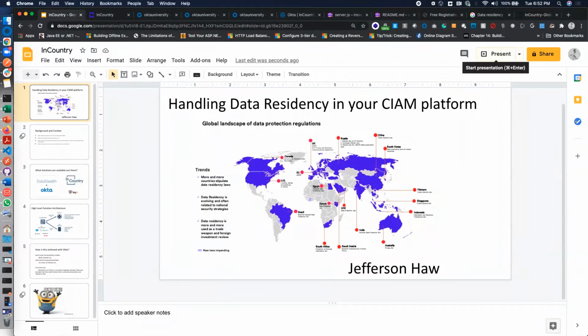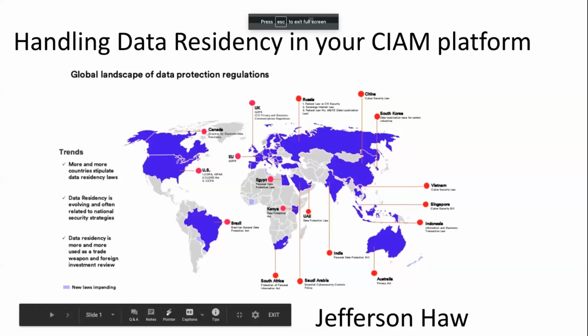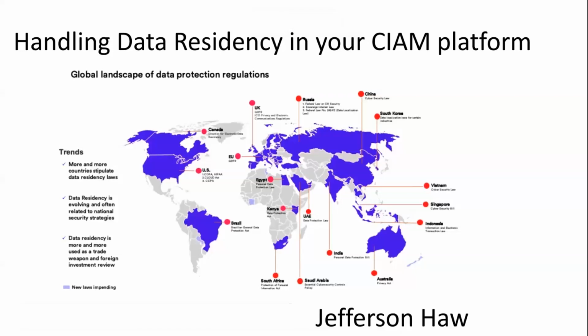In this topic before Christmas, I want to talk about data residency and how you handle data residency in your CIAM platform. As you can see, in every country there are a lot of different data localization rules and sovereignty rules, and this is about how you as an organization are able to adopt, conform, and be compliant with the different data localization rules that adhere in your country.